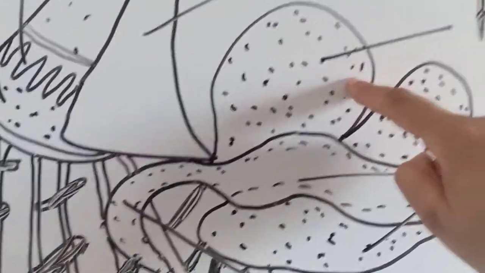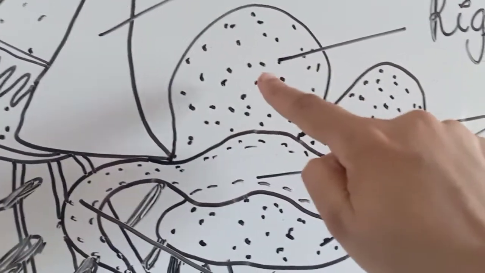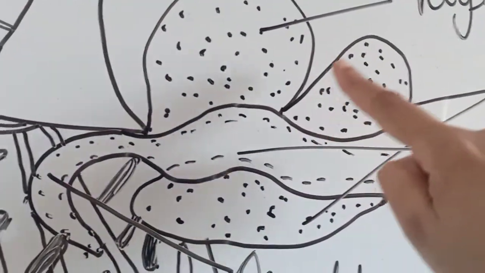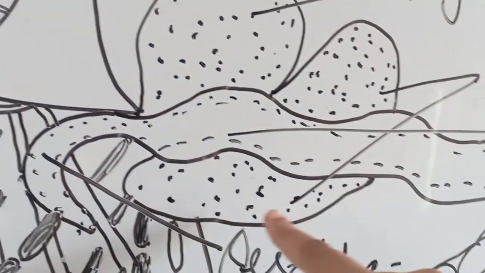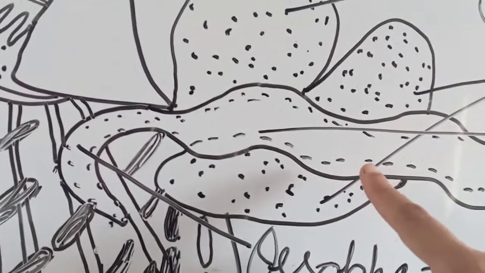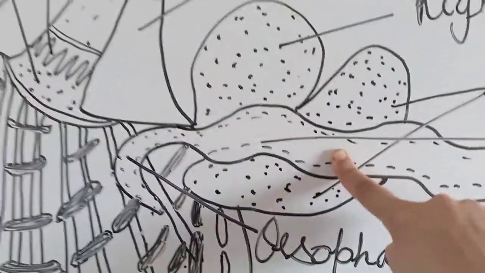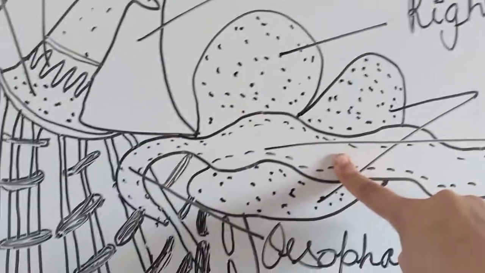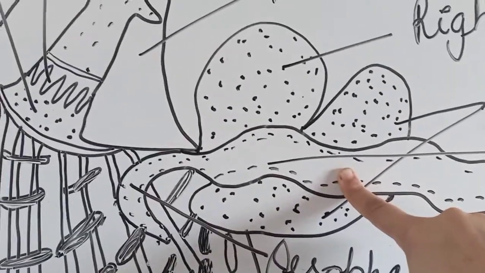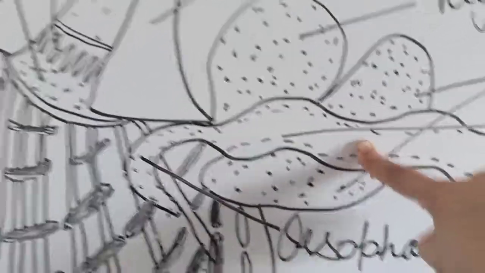This area is the right lobe of the liver, while this part is the left lobe of the liver. The liver helps in the digestion of food because the liver secretes bile, a brown colored liquid that helps in the digestion of food.